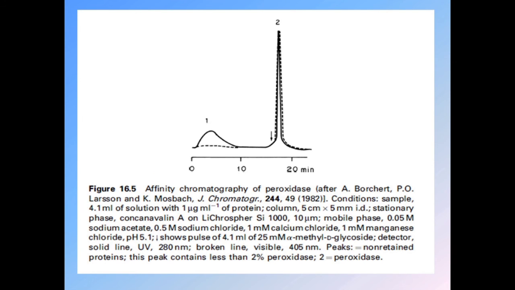Detection is effected at two wavelengths simultaneously: 280 nanometer, non-specific for all proteins, and 405 nanometer, specific for peroxidase owing to the protohemin group.